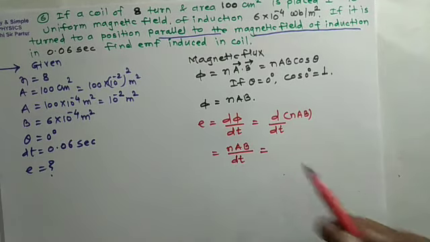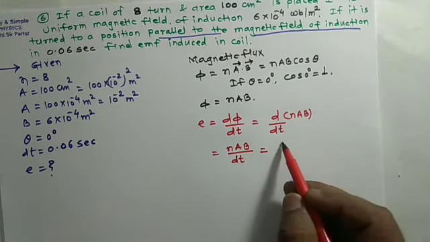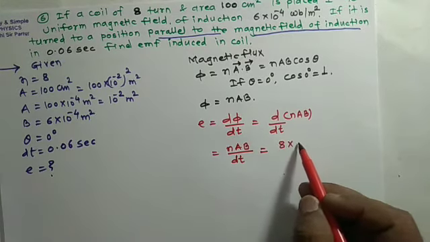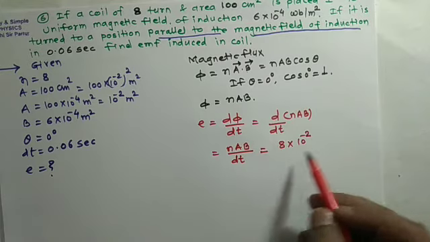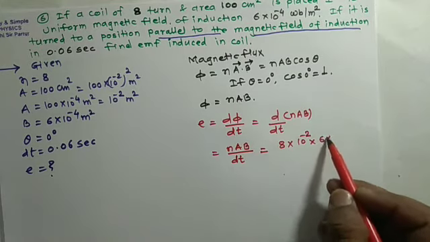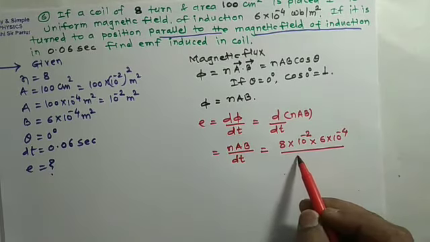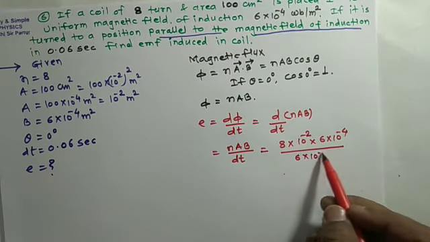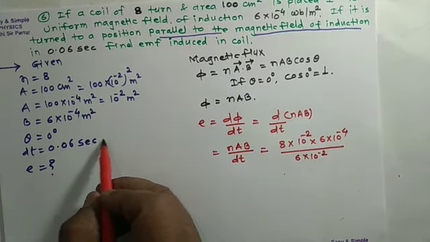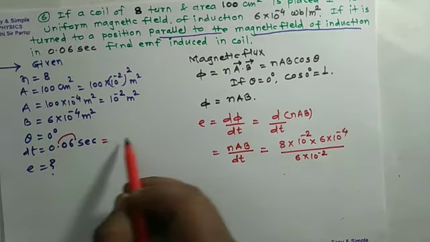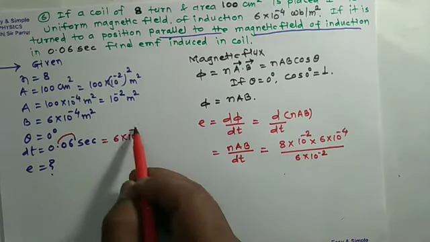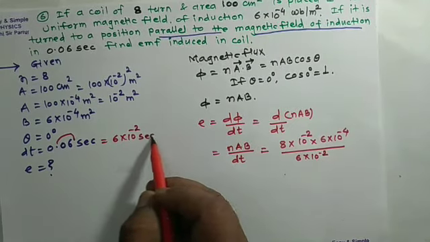If we substitute the values, N is 8 into 10 to the power minus 2 into 6 into 10 to the power minus 4 divided by 6 into 10 raised to minus 2, because the decimal point is shifted by 2, it is 6 into 10 raised to minus 2 second.